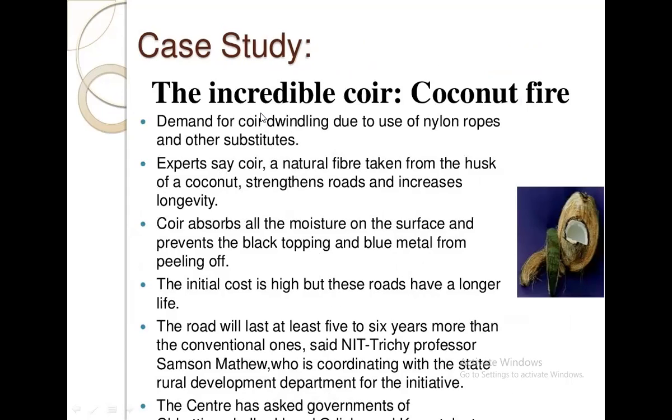This is a case study of recycling the different material like coconut coir, जे coconut जे material चिपड्या असतात त्याला काय म्हणतात, incredible coir that is useful for making nylon ropes, other substitutes.